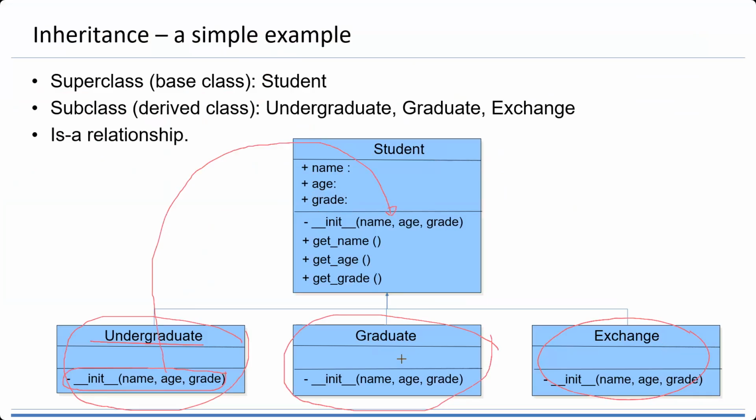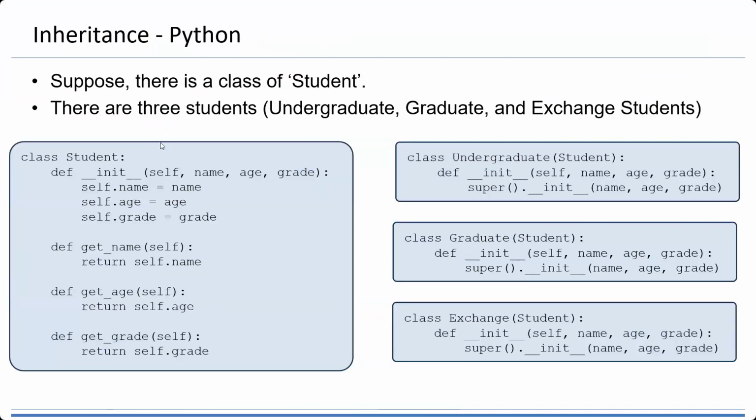When you create the graduate student, you also need to create the instance based on the constructor of the superclass. When you create the exchange student, you also need to create the constructor based on the superclass. We have name, age, and grade for each.